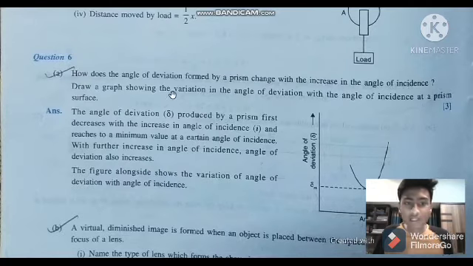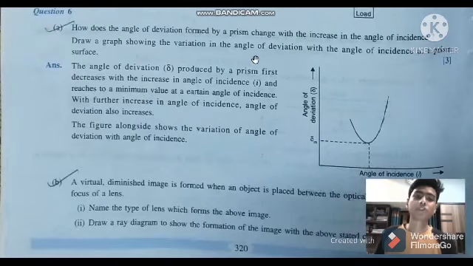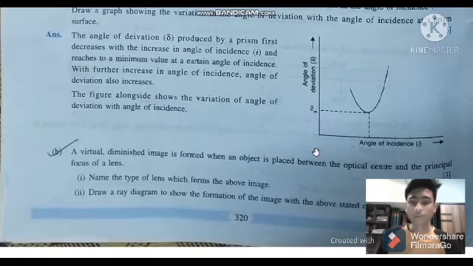How does the angle of deviation formed by a prism change with the increase in the angle of incidence? Draw a graph showing the variation of angle of deviation with the angle of incidence at the prism surface. This is the diagram. If you have a pen, paper and notebook at hand, just mark this diagram in your book.